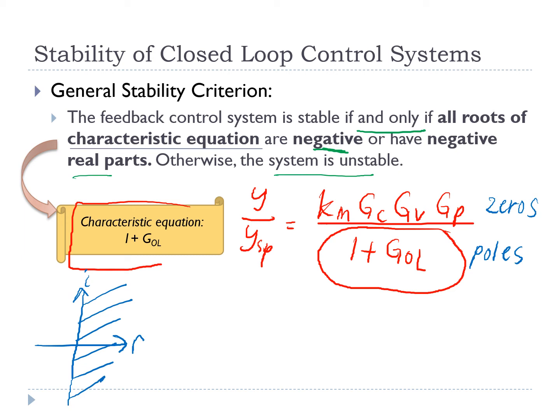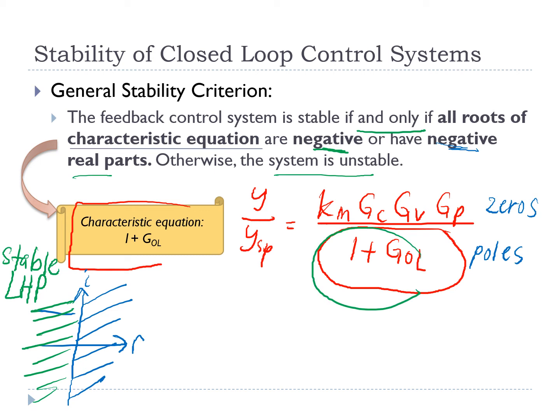So that's why the roots of the characteristic equation must be negative in order to have a stable response. So your poles must be within the left half plane in order for a response to become stable. So similarly, for the characteristic equation, the roots should be negative, or else the system is unstable.